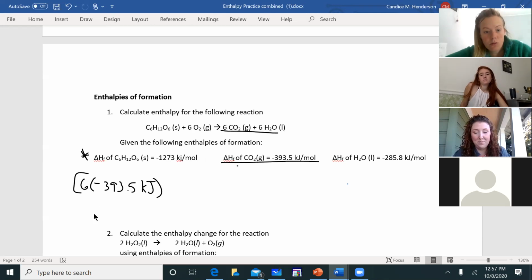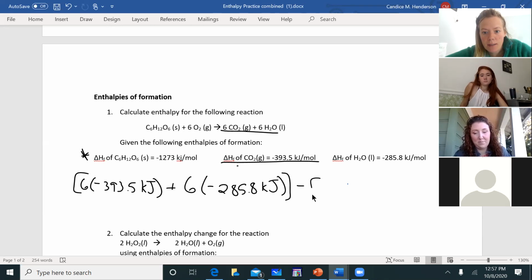We are then going to add our second thing, which is water. We also have 6 moles of water. Our water's over here, so negative 285.8 kilojoules. Again, we don't have to include the mole because there's 6 moles, those will cancel out. So that whole thing is a packet.